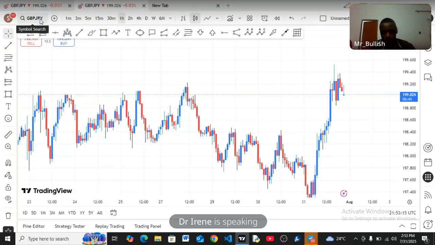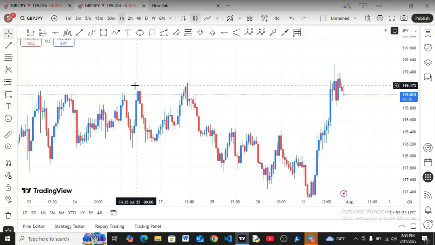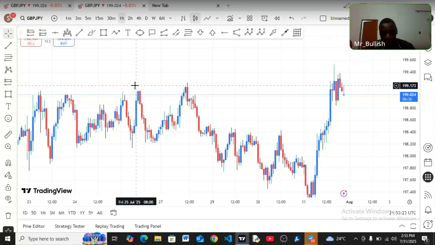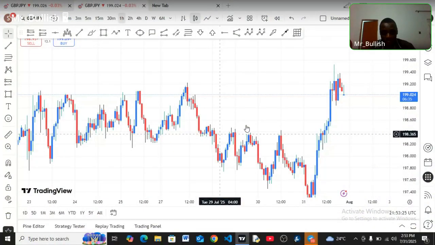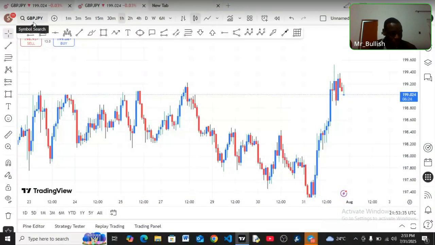Yes, boss. All right. Now I know most of you know these things already, but I want you to see it live from this chart angle so that you can understand it properly. One thing you need to know again is that currencies in Forex are traded in pairs.